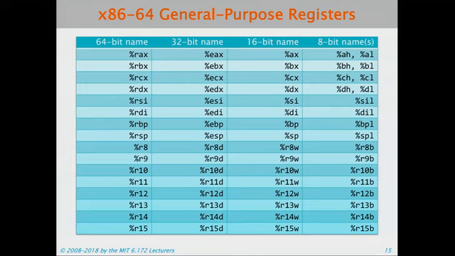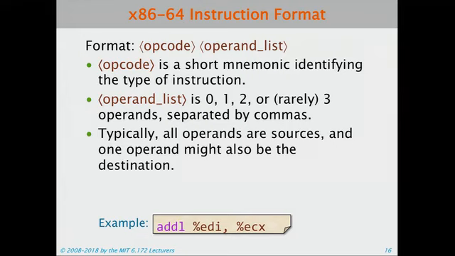So there are a whole bunch of them, and there are different names depending upon which part of the register you're accessing. Now, the format of an x86-64 instruction is an opcode and then an operand list. The operand list is typically 0, 1, 2, or rarely 3 operands separated by commas. Typically, all operands are sources, and one operand might also be the destination.